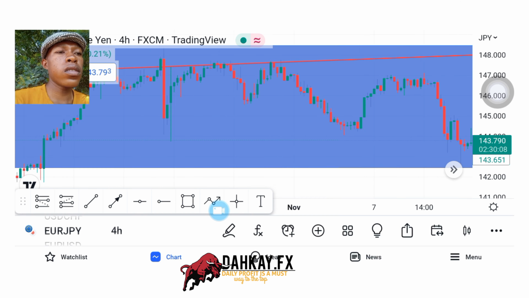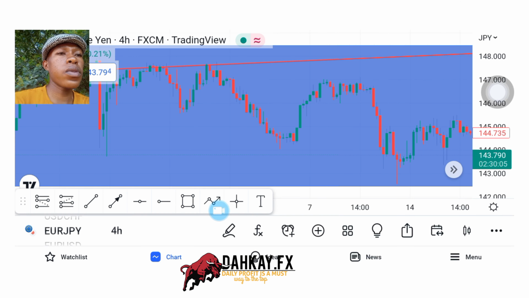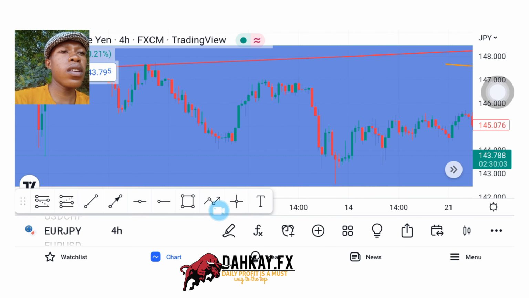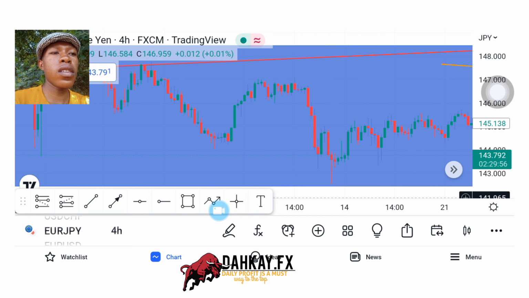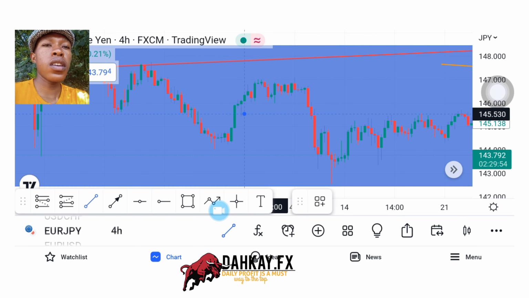Now how many confirmations do we have that the market is going down? We have a confirmation of a resistance on the weekly or daily time frame.